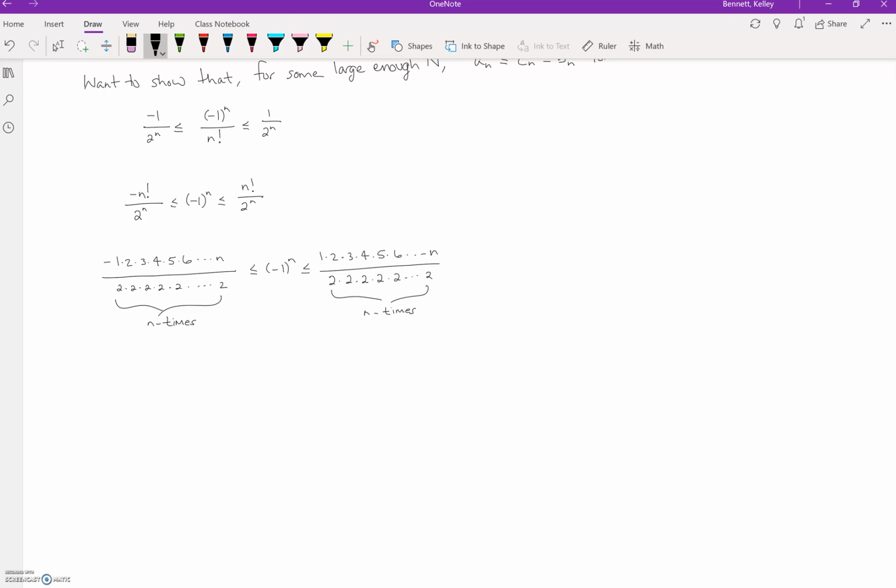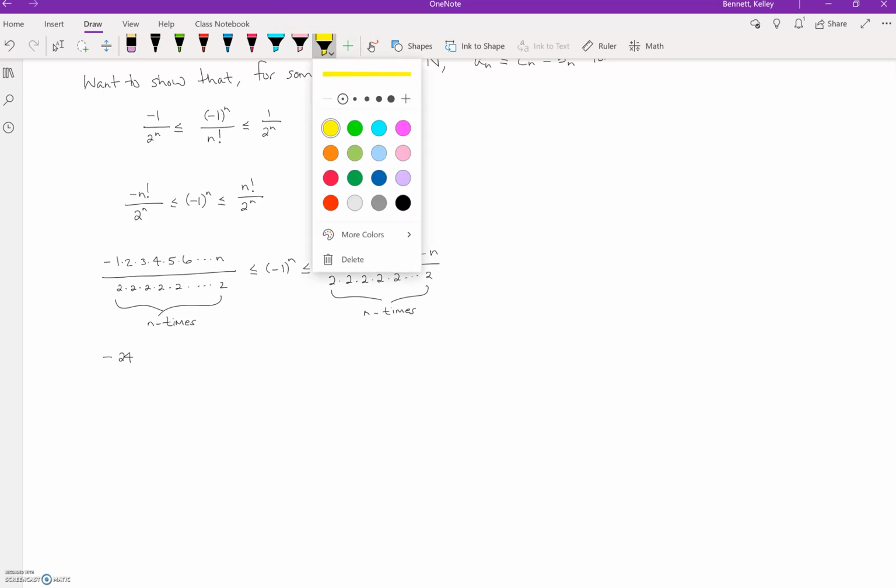So we can see that once we get to the 5, 6, n, then that's really going to take off relative to just multiplying 2 together that many times. So I'm going to say this is negative 24 because this is my grouping. I'll show you how I'm thinking about this.